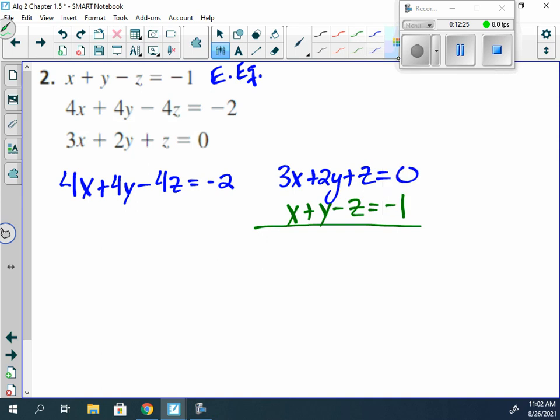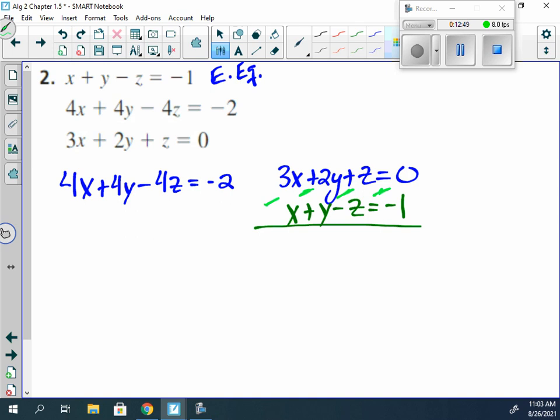I'll keep using this color. So let's go on and take care of this one first, and then we can focus on the other equation next. Would we add these two together or subtract them? So subtracting, because we want the Z's to cancel out, yes? And Z minus negative Z would be?